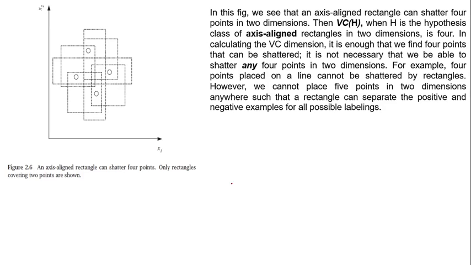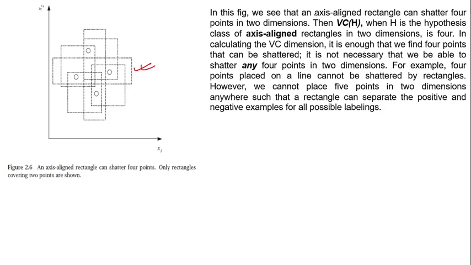As I was mentioning, it shatters the points. So in this figure we can see that an axis aligned rectangle can shatter 4 points, right? Let us say these are red points. These 4 points can be shattered pairwise by a rectangle, okay?